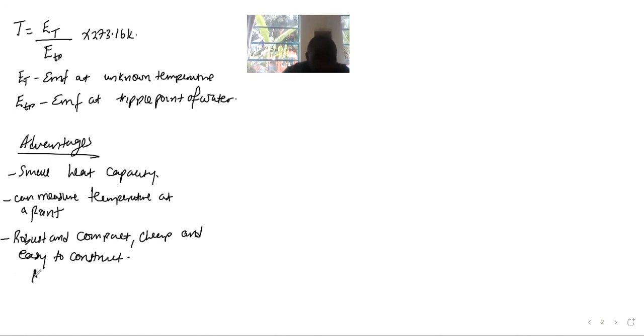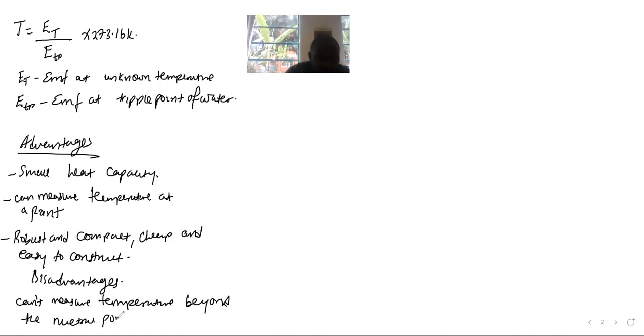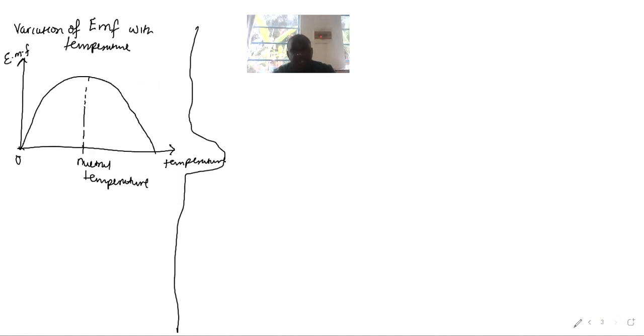Then it also has some disadvantages. Among them, it cannot measure temperature beyond the neutral point. We have seen the neutral point on the graph.